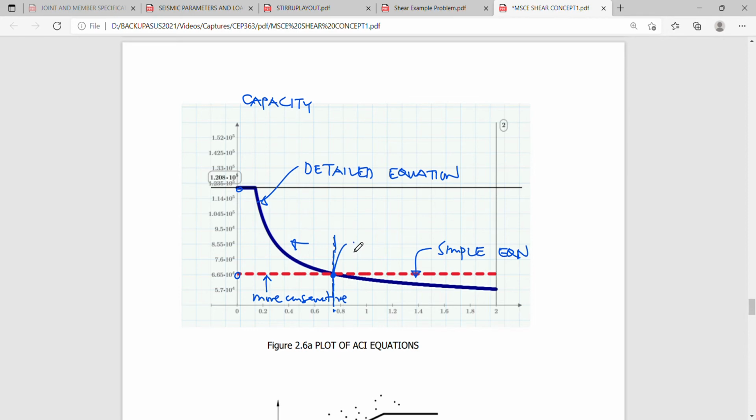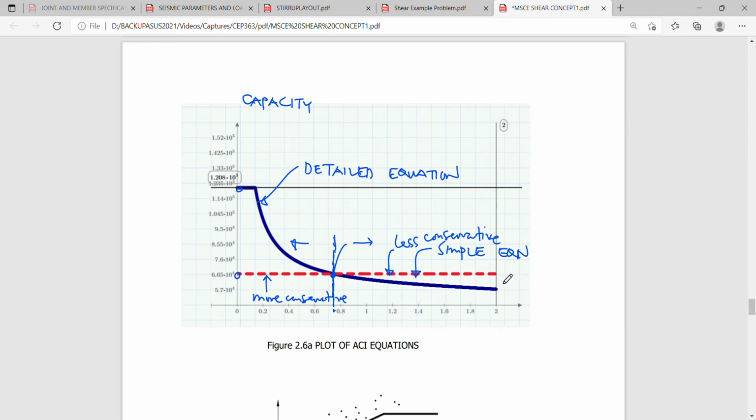And at the right side, we can say that your simple equation is less conservative in this range. Meaning to say, if you are dealing with safety issues and concerns, you may look into these two equations from that perspective. Now which do you think is more practical?